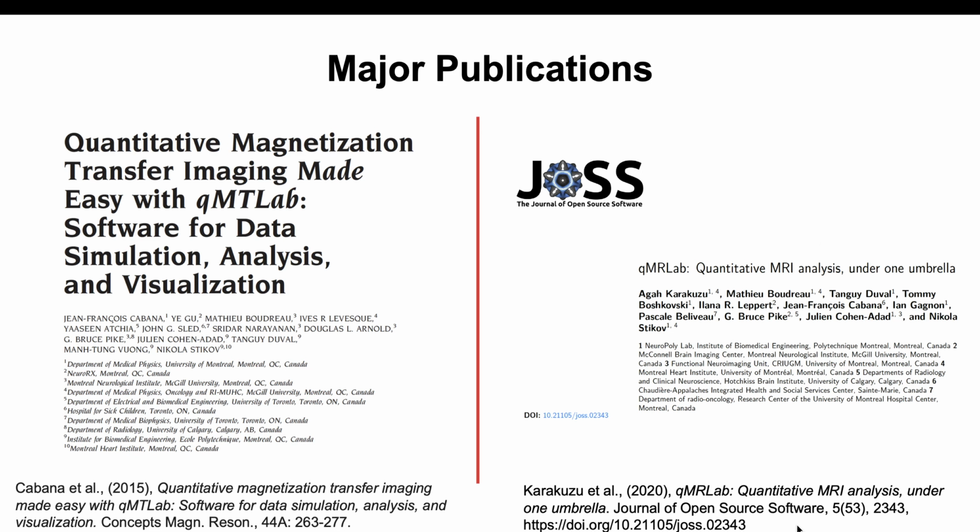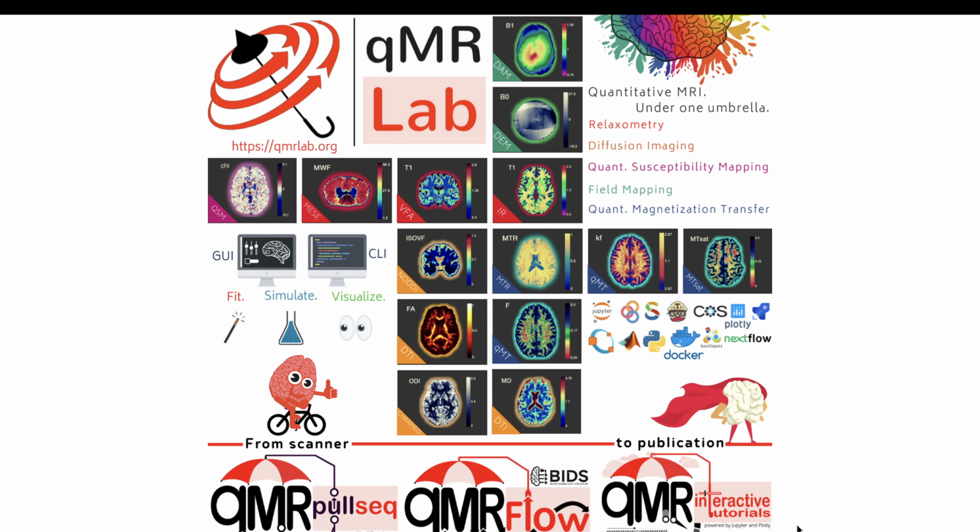Then after that, we continued adding other tools such as T1, B0, B1, which are needed for some qMT methods, and then extended this to a lot of other qMRI techniques. And this led to the JOSS paper for qMRLab that was written by Agah. There's a lot of stuff that you can do with qMRLab. This visualization summarizes it well, I think.